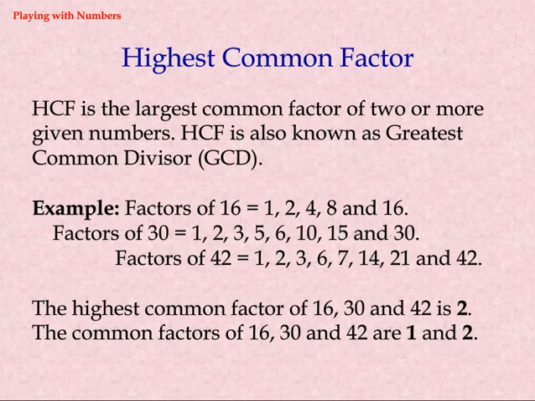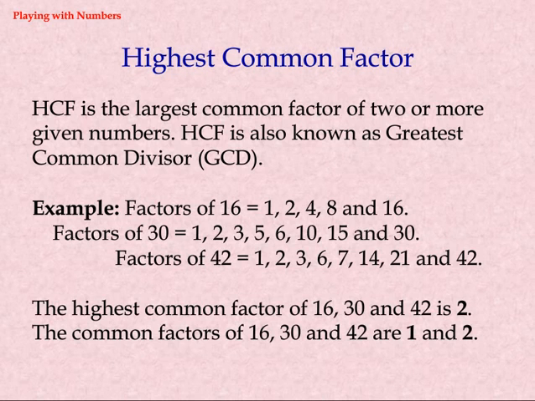Highest common factor. HCF is the largest common factor of 2 or more given numbers. HCF is also known as greatest common divisor, GCD. Example, factors of 16 equal 1, 2, 4, 8 and 16. Factors of 30 equal 1, 2, 3, 5, 6, 10, 15 and 30.